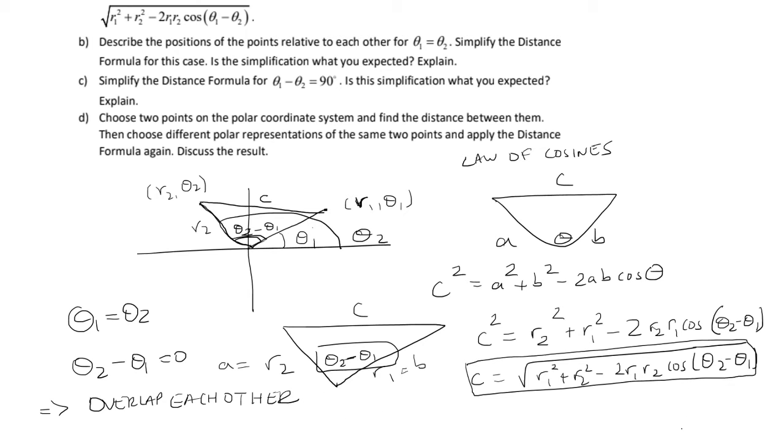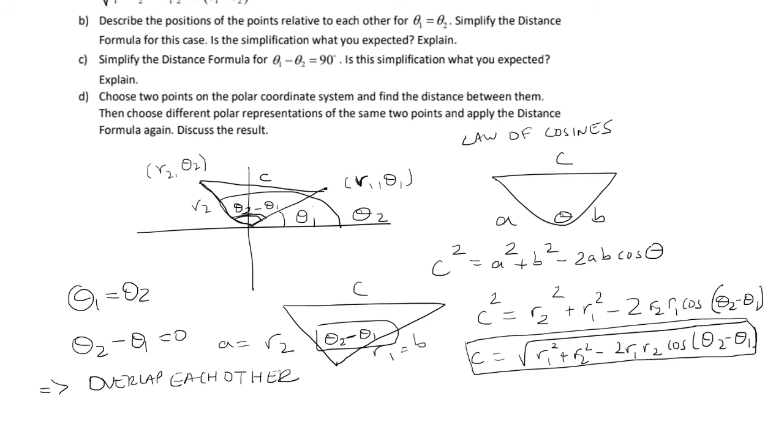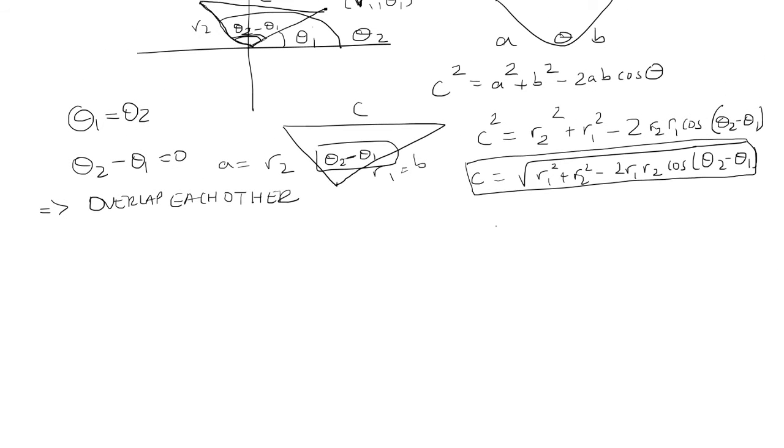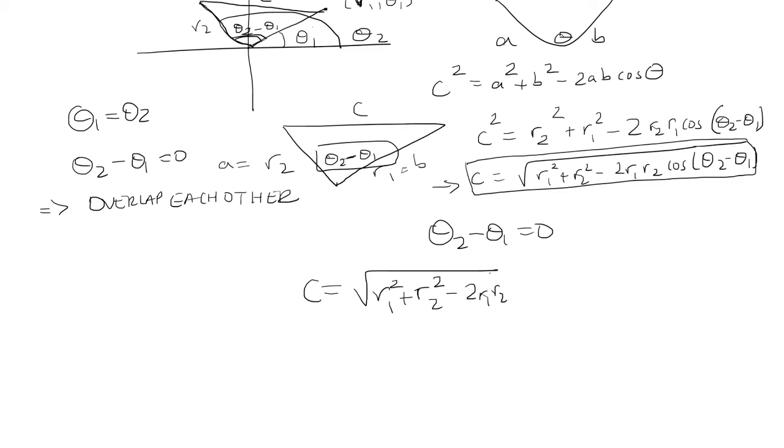Okay. So how would you simplify the formula? If we have that theta 2 minus theta 1 is 0, we're going to use this formula. C is the square root of r1 squared plus r2 squared minus 2 r1 r2 cosine of 0, because theta 2 minus theta 1 is 0.